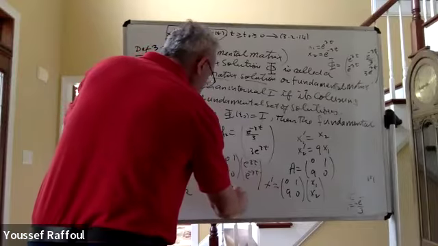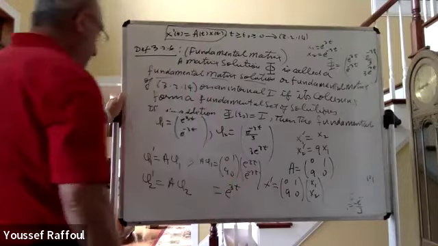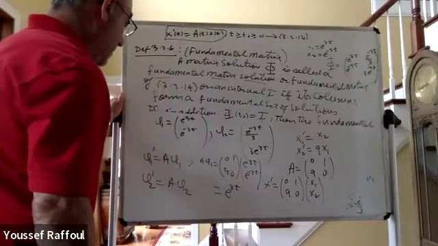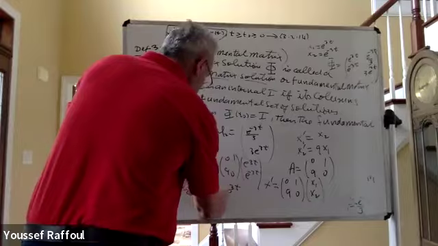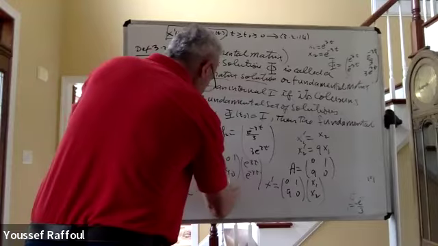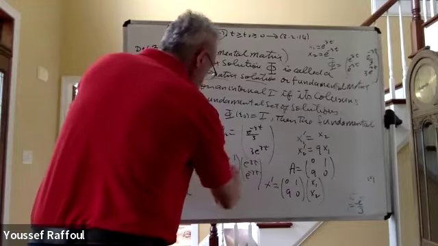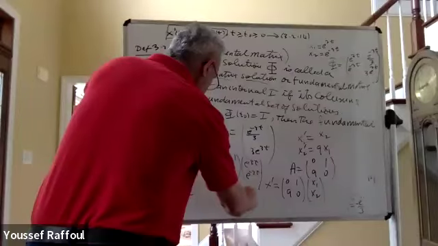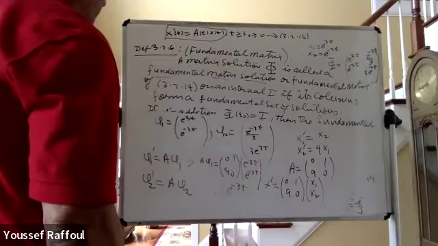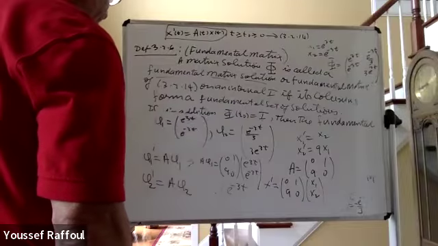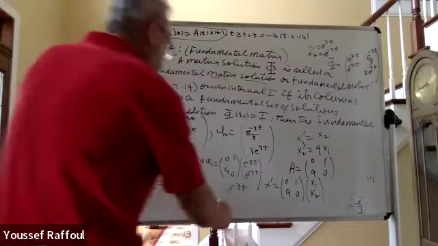That is e to the minus 3t, and 9 e to the 3t.